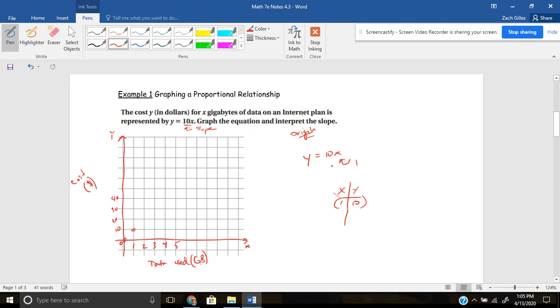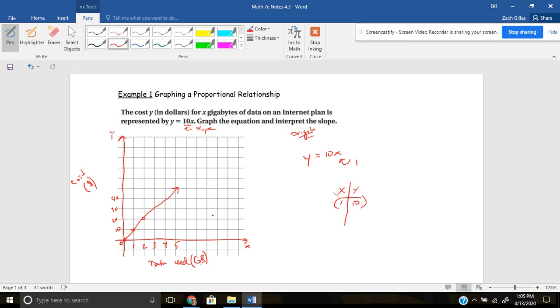If I use 2 gigs, well, 10 times 2 would be 20. So 2, 20. You can see that this is just going to follow this pattern. 3 gigs would be $30, and so on and so forth. So there's how we can graph that equation. Just make sure you connect your points with a line and add the arrow to the end. Remember, we wouldn't do any negatives in this situation because it wouldn't make sense to have negative data used.